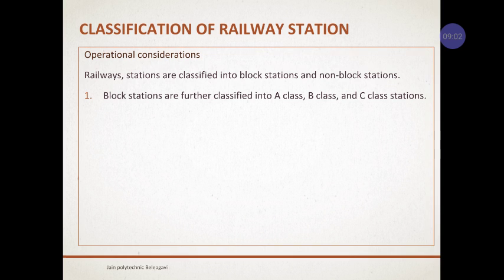Again, the stations are classified into class A, class B, and class C block stations. These are divided depending upon the volume of traffic at these stations, the number of trains which are going to come and stand at that station.